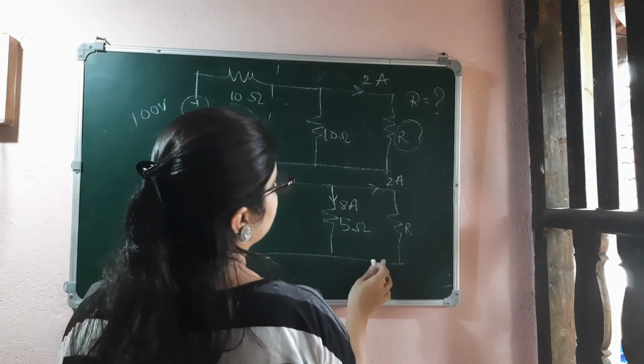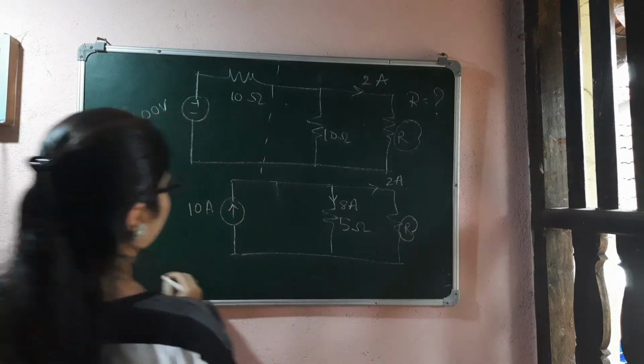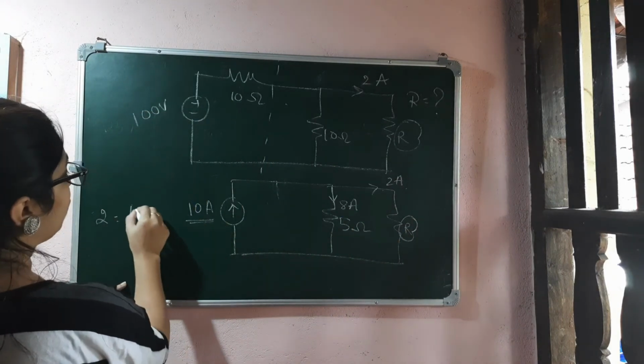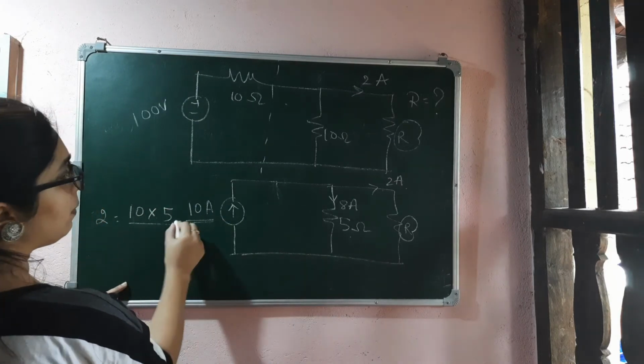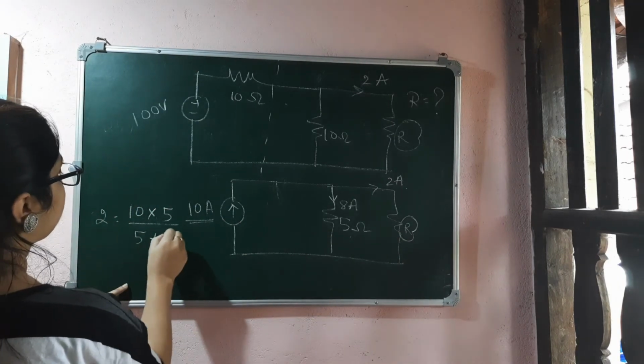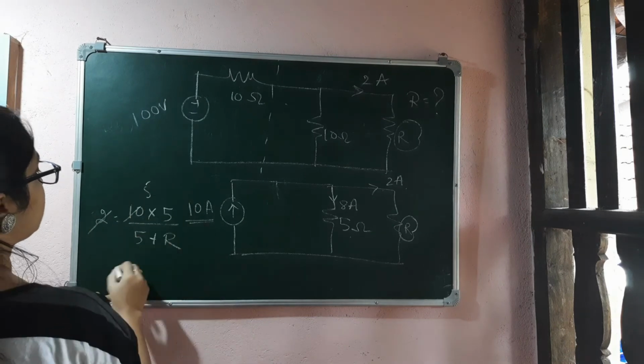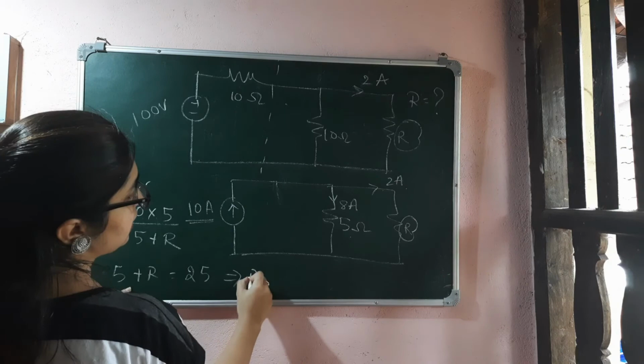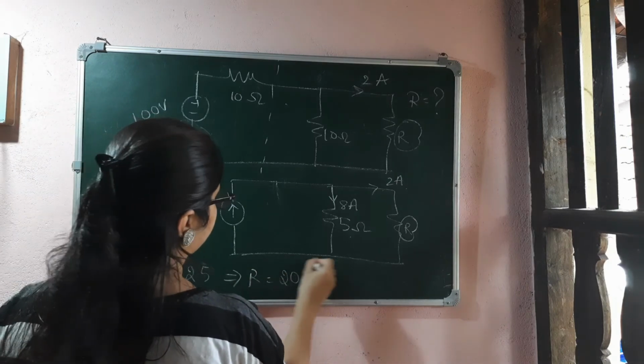Now this is the R, right? So current through this is 2 ampere. So 10 into 5 divided by 5 plus R. So 5 plus R is equal to 25. That means R is equal to 20 ohms.